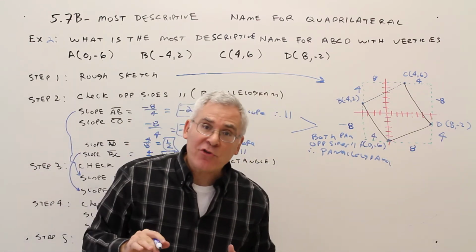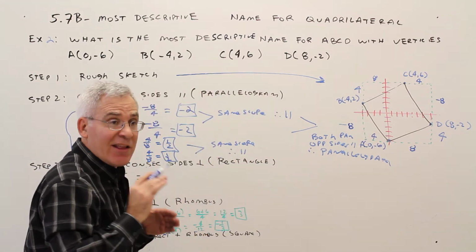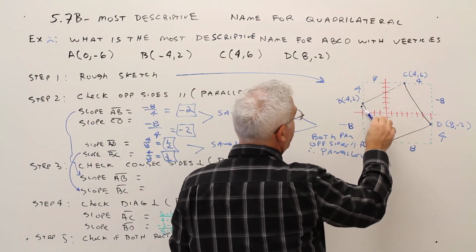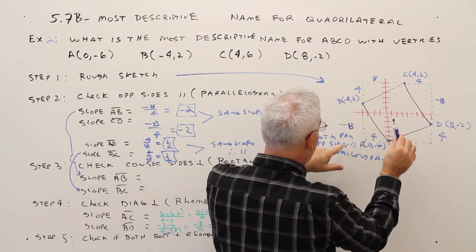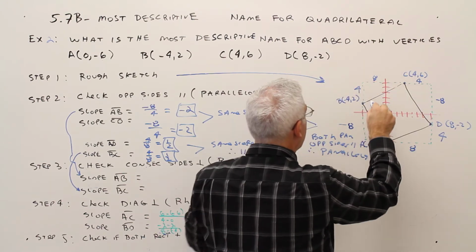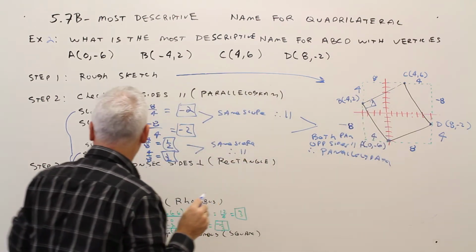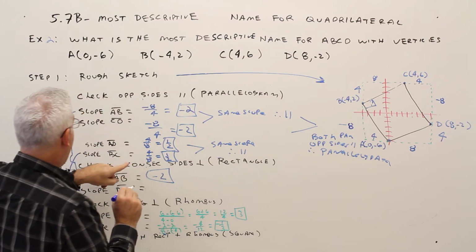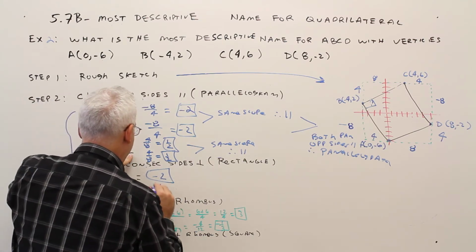Okay, now let's check to see if we're a rectangle. I've got to check consecutive sides. Again, I'll just check side AB. Here's AB and BC. Okay, so I'm checking to see if that's a right angle. All right, so AB was -2 and BC was 1/2.